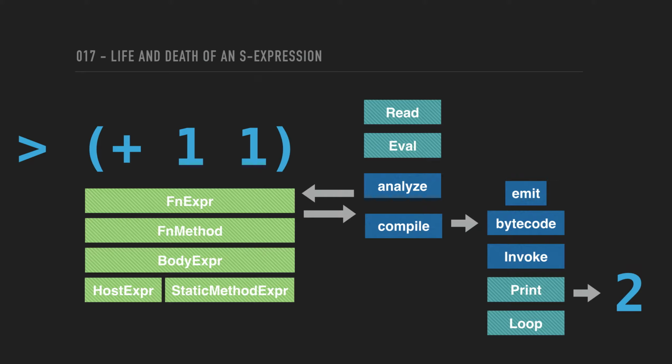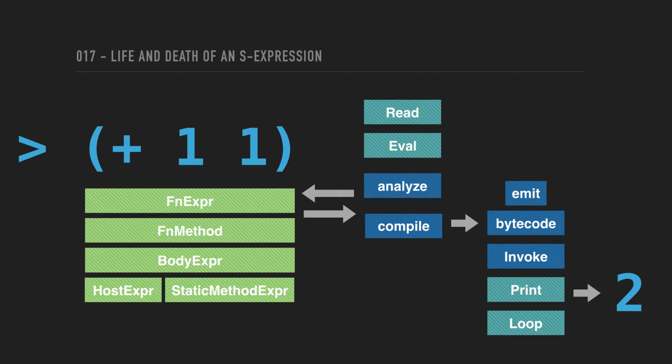Eval then asks analyze to give semantic meaning to the list that was just read. The semantic meaning is essentially creating a bunch of specialized classes that know how to translate an expression, a form, a let binding or a native Java interop call into bytecode.